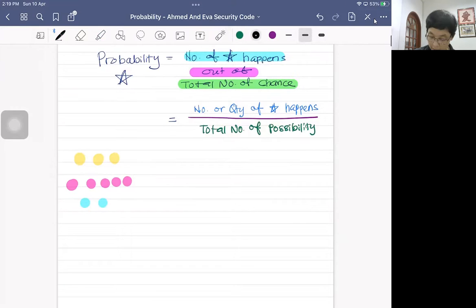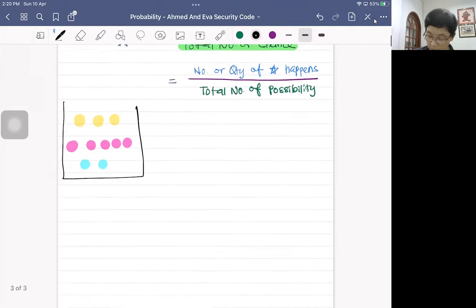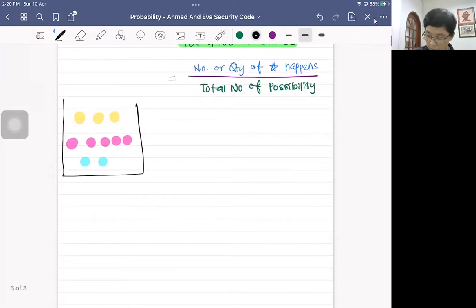Now let's say you randomly jumble up the box and we wanted to pick the blue balls. So what is the possibility of getting the blue ball?